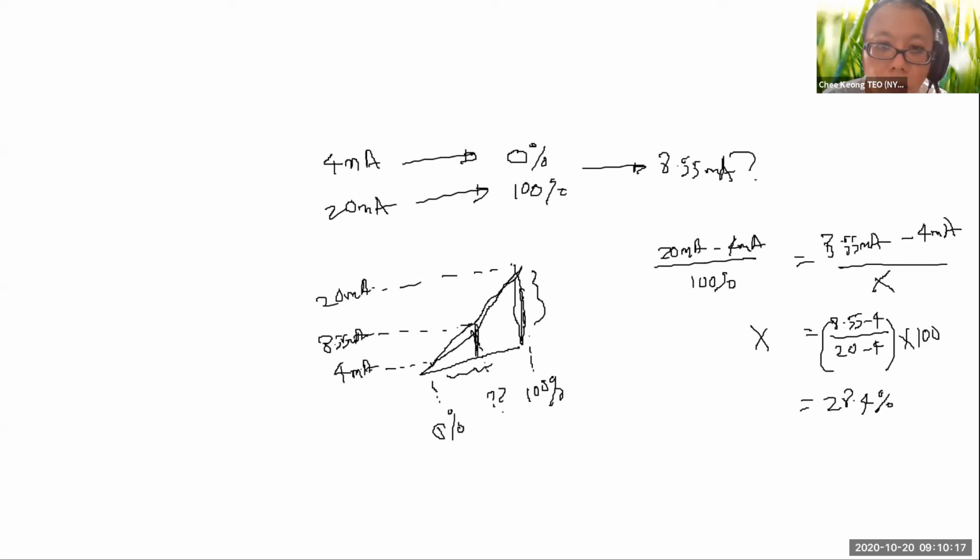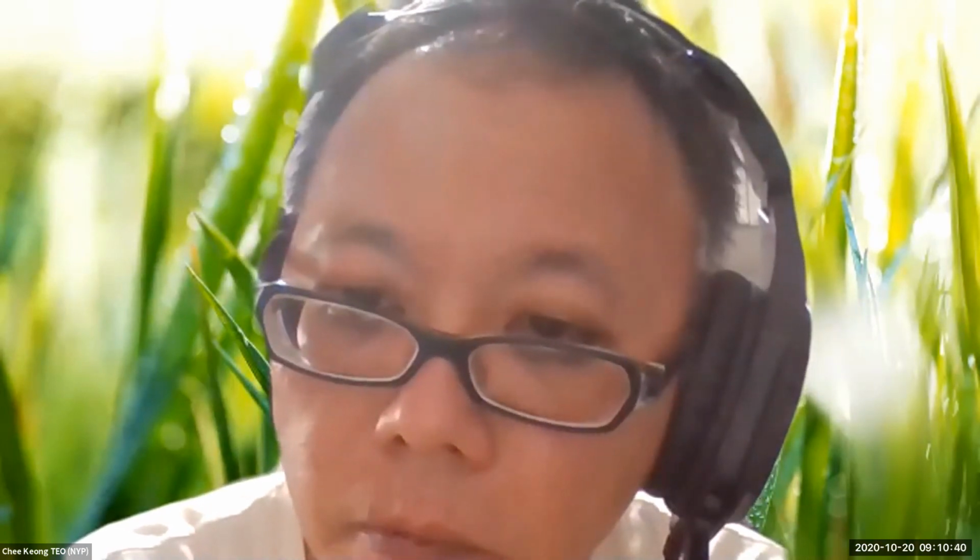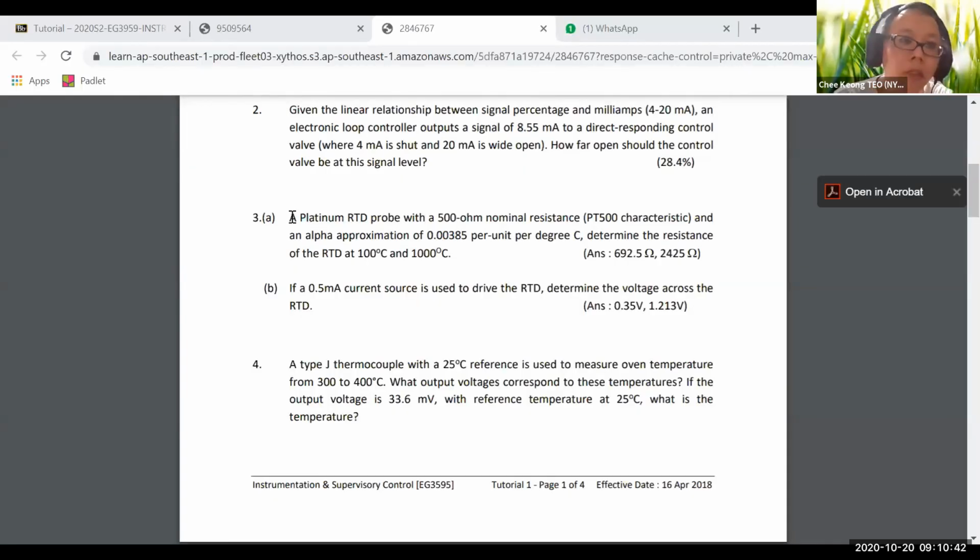Next question will be on RTD. RTD is slightly more difficult, but let's go to question 3. Question 3 says a platinum RTD.